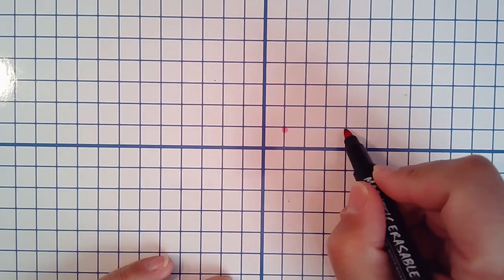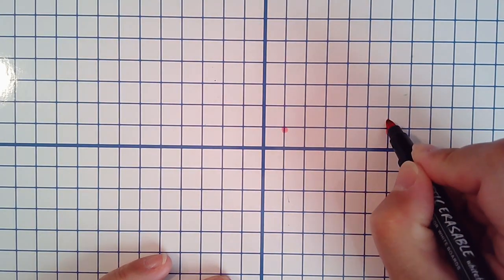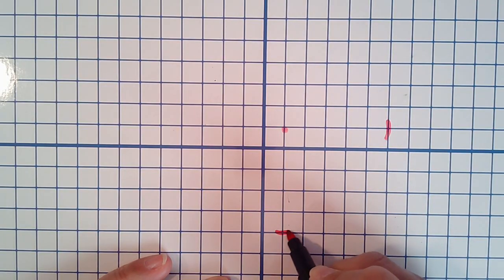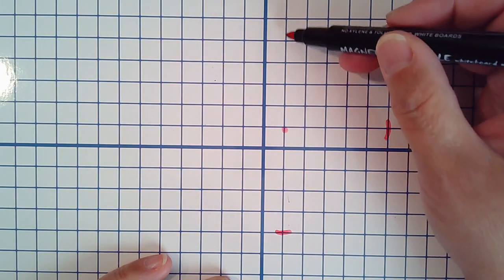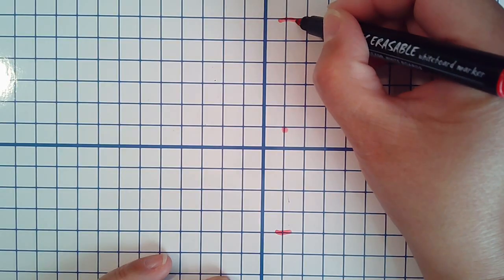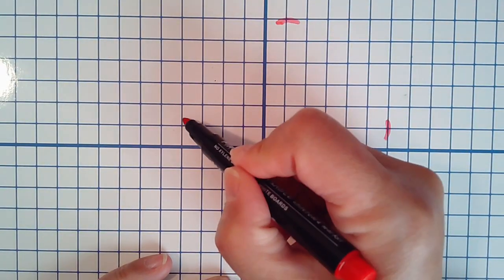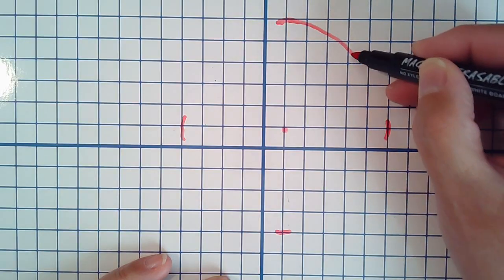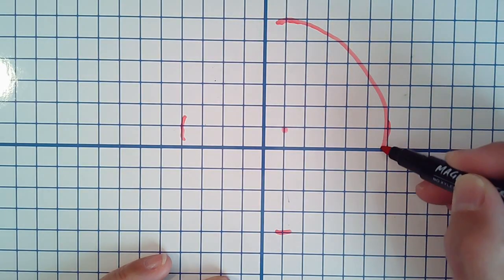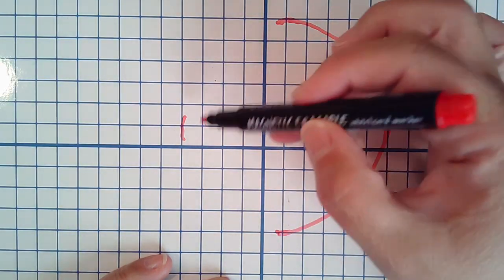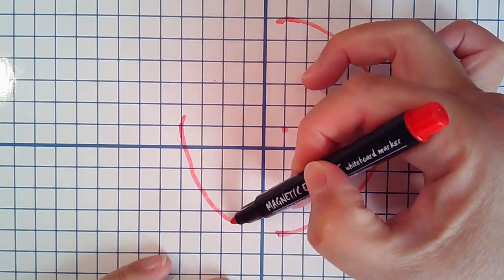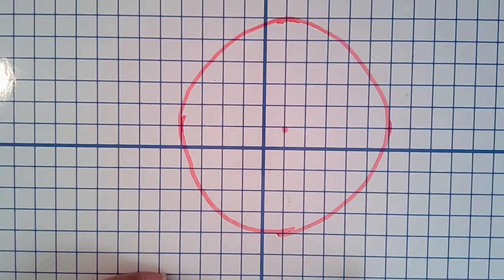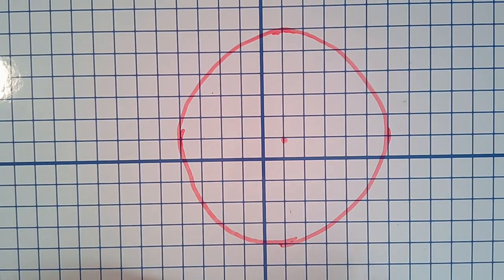So 1, 2, 3, 4, 5 goes here. 2, 3, 4, 5 here. 1, 2, 3, 4, 5. Of course, I cannot do this graph very well just by hand. I try my best. It's not a very pretty circle, but that's it.